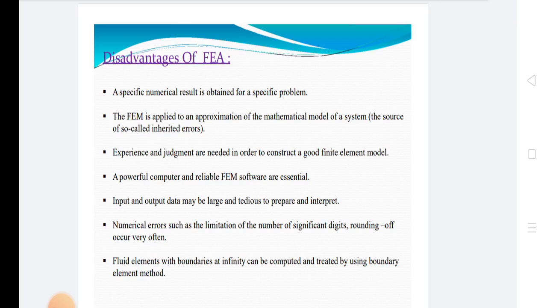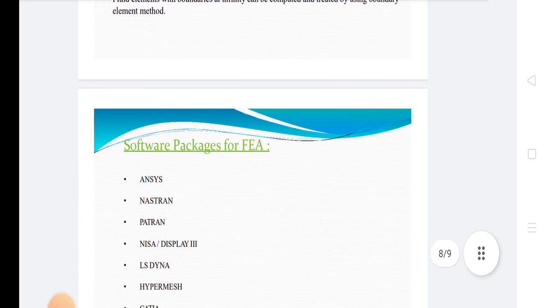A powerful computer and reliable FEM software are essential. Input and output data may be large and tedious to prepare and interpret. Numerical errors such as the limitations of the number of significant digits and rounding off occur very often. Fluid elements like boundaries at infinity can be compounded and treated by using the boundary element method.